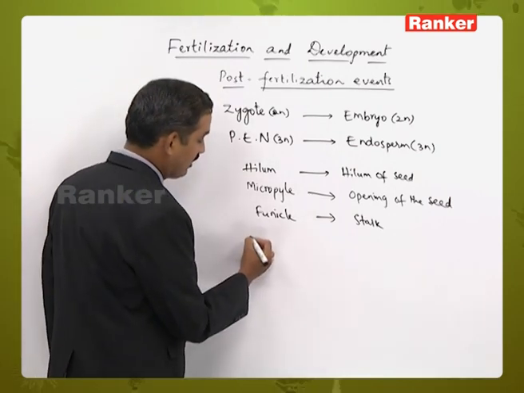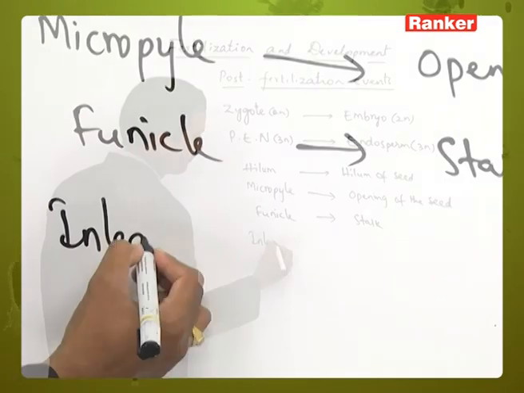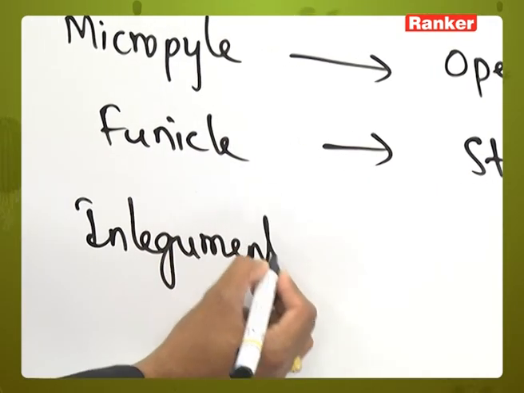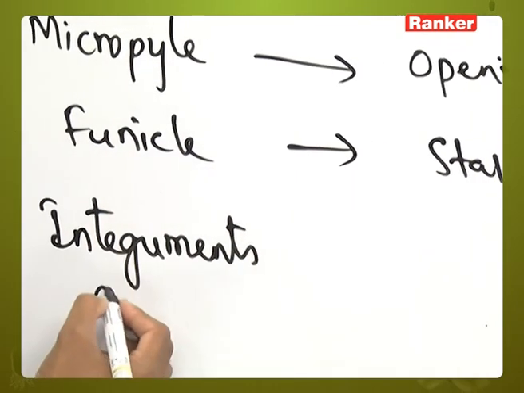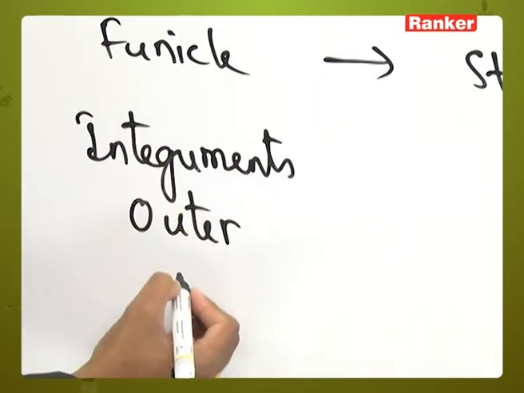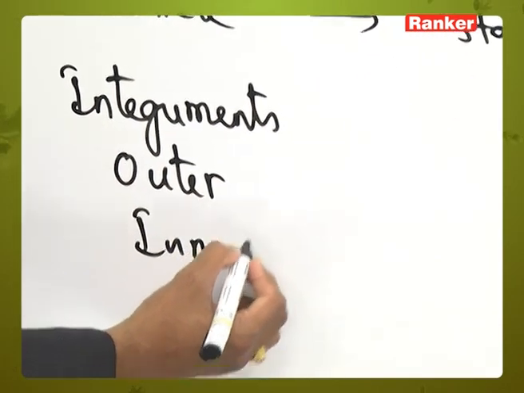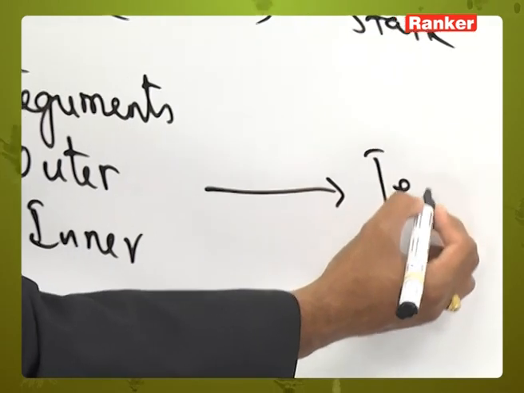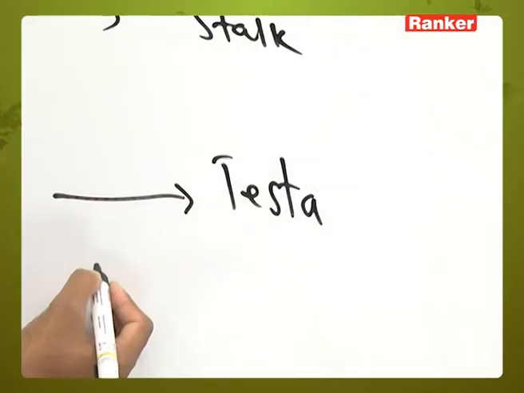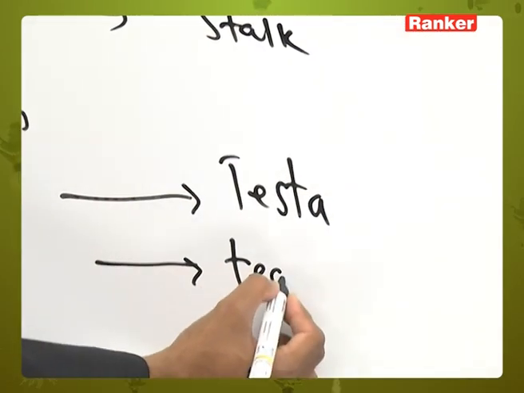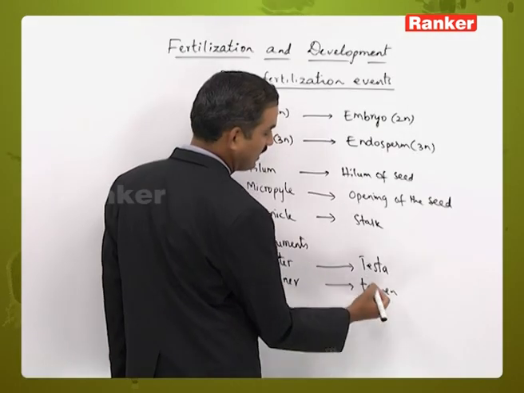And one more thing, the integuments, that is outer and inner. The outer integument is converted into testa of the seed, whereas the inner is converted into tegmen of the seed.